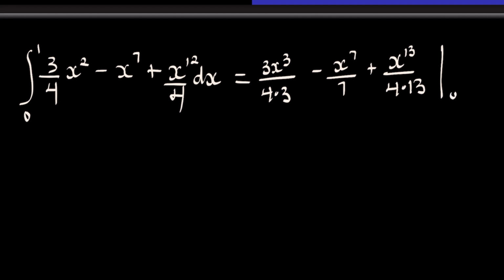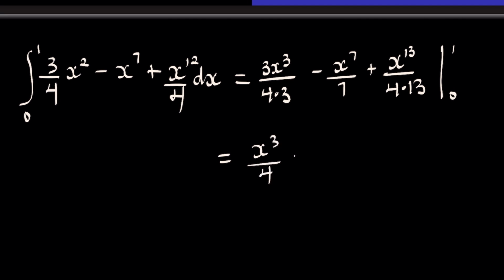Then from 0 to 1. Simplifying this gives x cubed on 4 minus x^7 on 7 plus x^13 on 52 from 0 to 1.